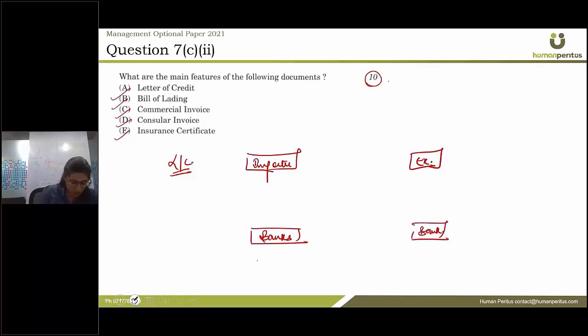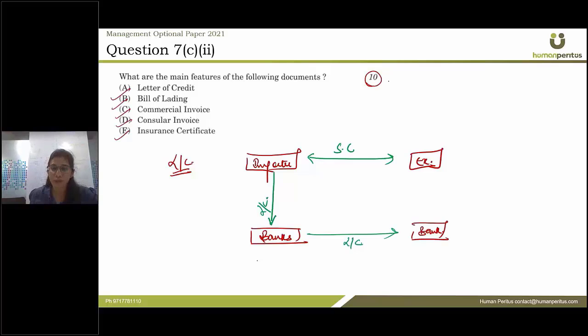All right. Whenever there is a sale contract between both the parties, the importer wants to take the help of the letters of credit, because at that point of time he does not have the finances to buy that quantity of exports. So he would request his bank to issue him the letters of credit. The importer's bank would send this letter of credit to the exporter's bank, and the exporter's bank would tell the exporter that it has received the letter of credit from the importer's bank.